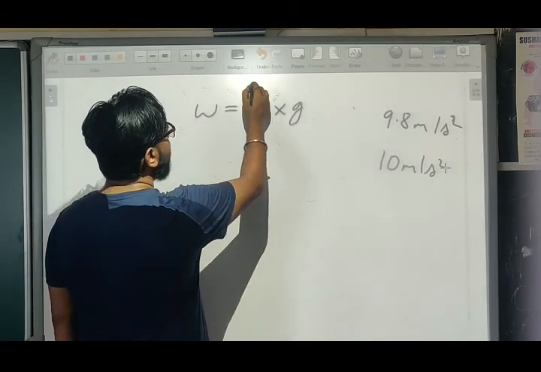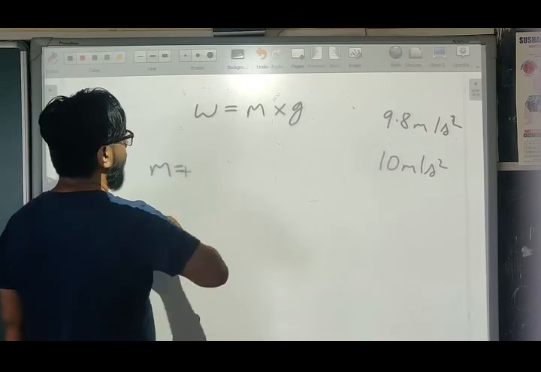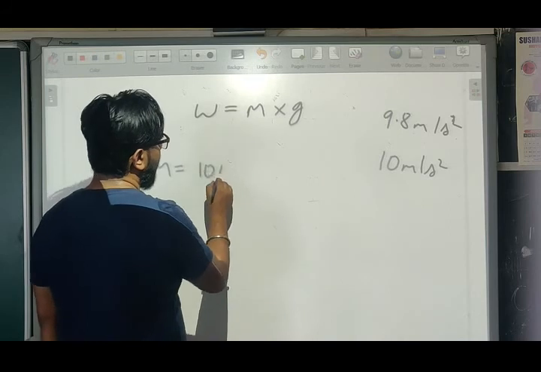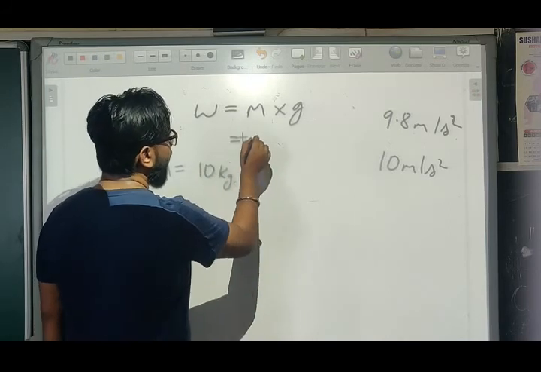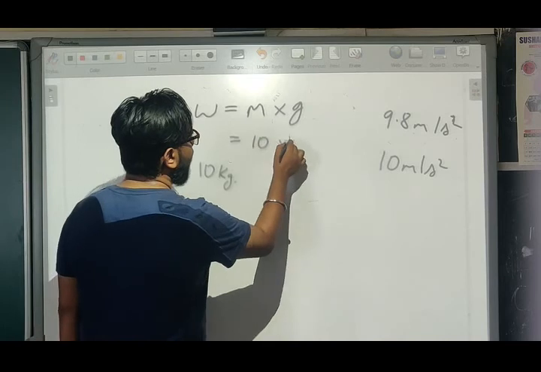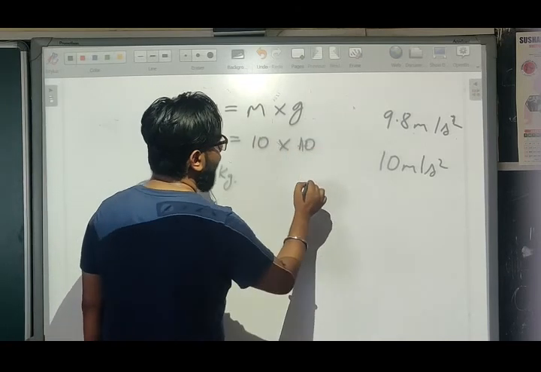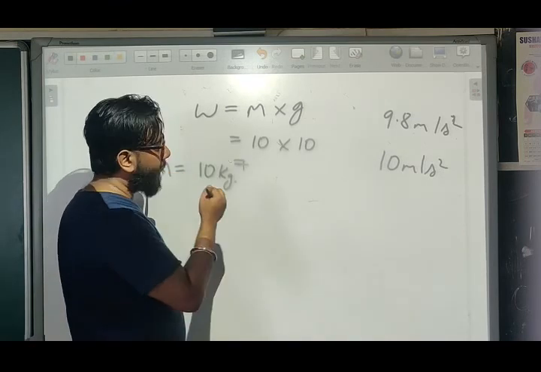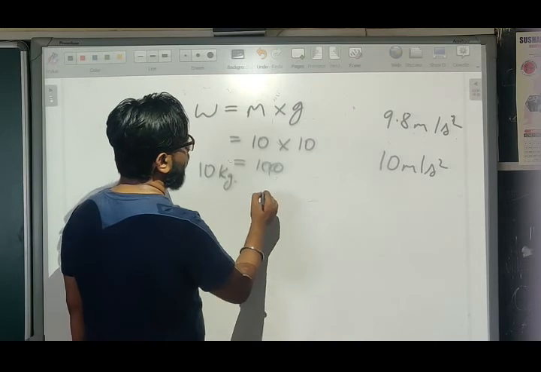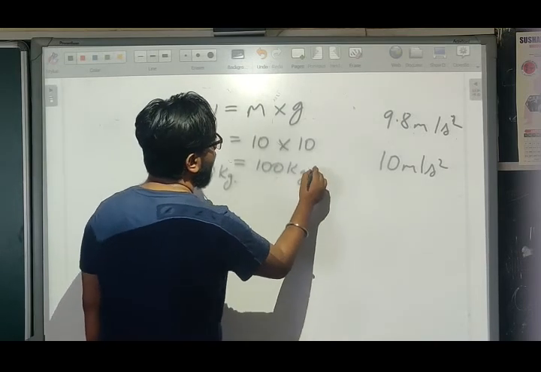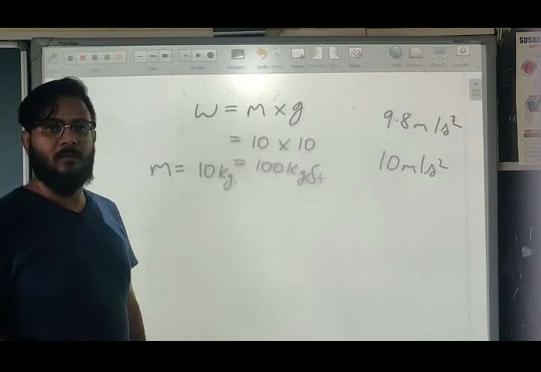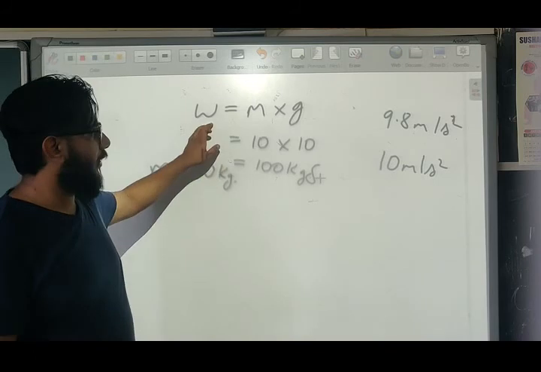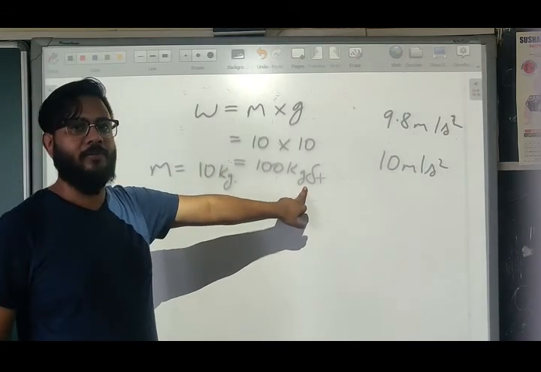So let's say the mass is 10 kg. Then the weight is going to be 10 into 10. Understood? That is weight.